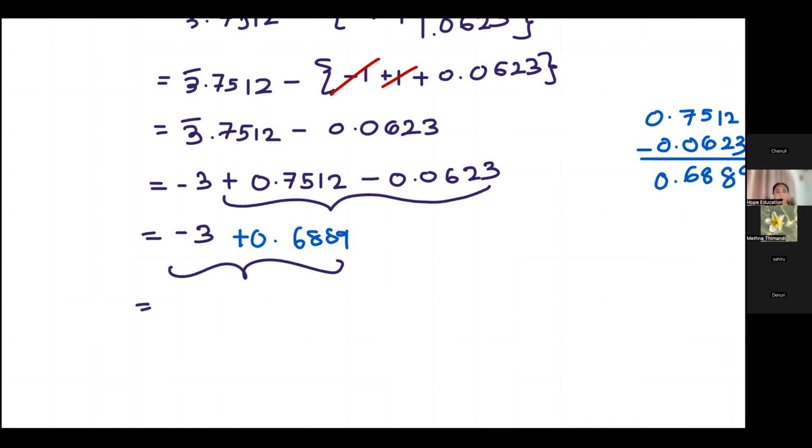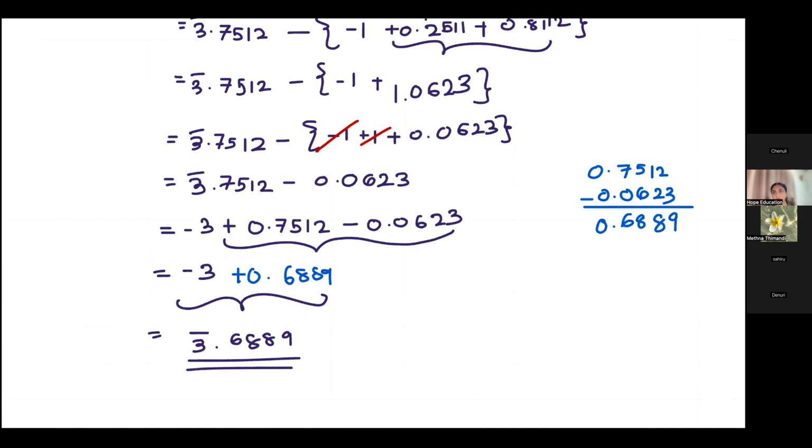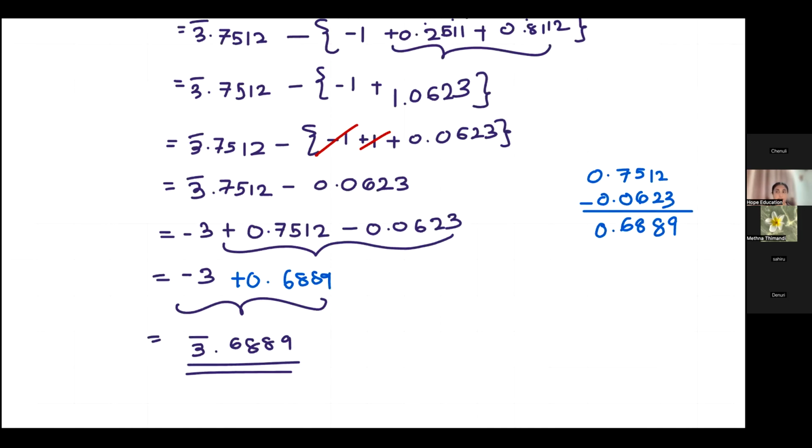Bar 3.6889 would be your final answer. Did you all get this answer, Lamai? Is it clear? Did you all get this? Okay. Let's move on to the next one.